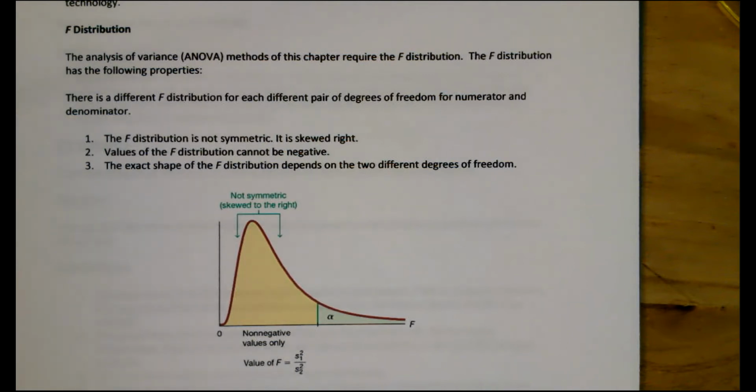The values of F cannot be negative. So here, this starts at 0 and goes out to positive numbers. We have non-negative numbers only. The exact shape of the F distribution depends on the two different degrees of freedom.